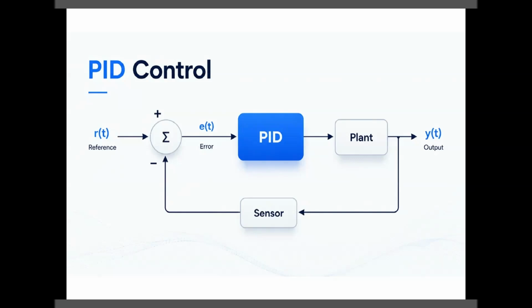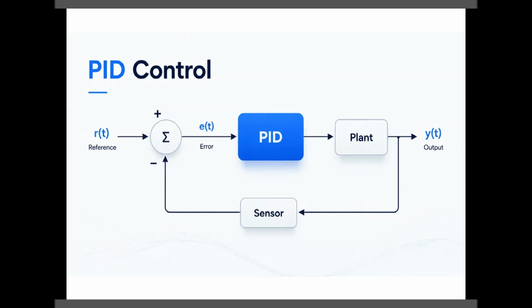The controller continuously compares this desired value with the actual system output. The difference between them is called the error. If the error is zero, the system is doing exactly what we want. If the error is not zero, the controller computes an appropriate control action and sends it to the plant, or physical system.